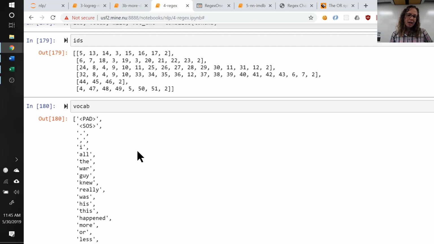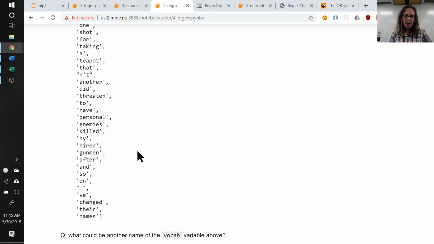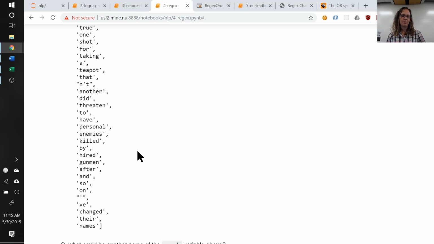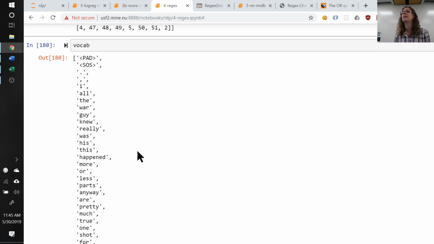We'll want to know what our vocabulary is. So here's a list of the vocab. And what could be another name of this vocab variable? This is something we've talked about previously. I heard someone say IDs.